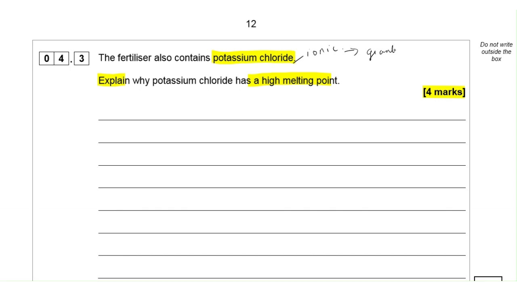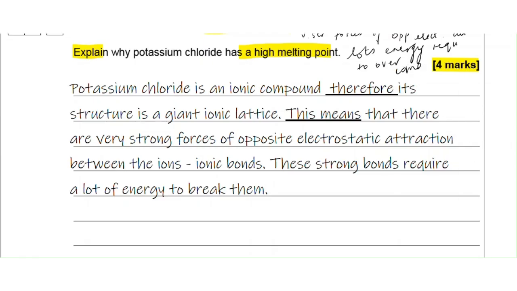Therefore, there are very strong forces of opposite electrostatic attraction between the positive and negative ions, potassium and chloride. So when we come to melt it, we have to supply a lot of energy to overcome these very strong bonds.